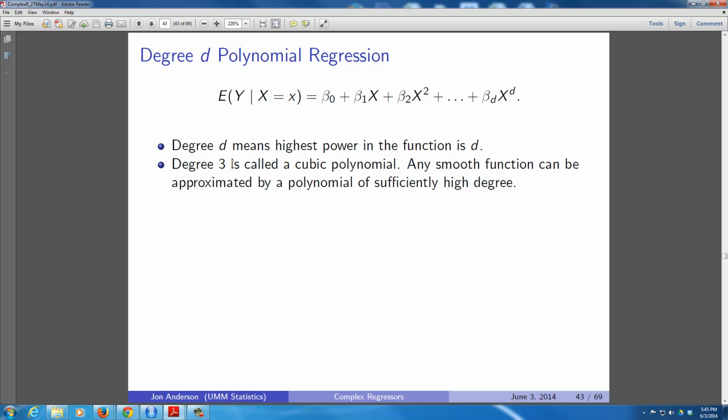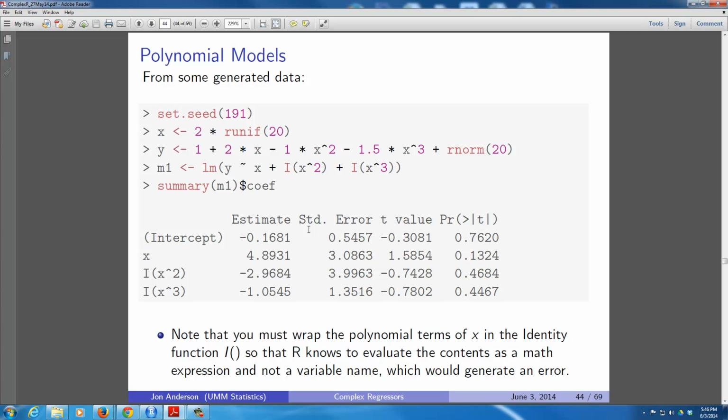Degree 4 is called a quartic, degree 5 is a quintic, and if you have very complicated functions, you might need higher powers of the polynomial to match the curving. Pretty much anything beyond degree 3 is quite rare. A degree 3 polynomial will be able to accomplish a curve that has two bends in it, and that's usually what we need to be able to do.